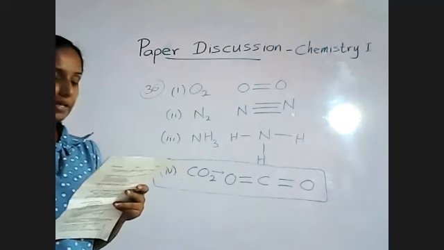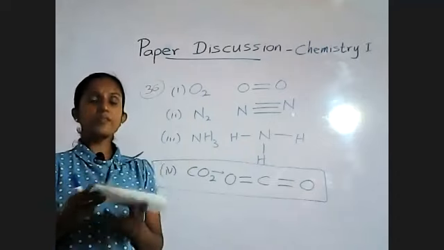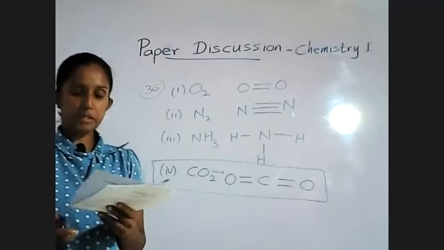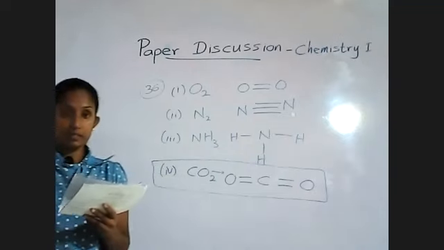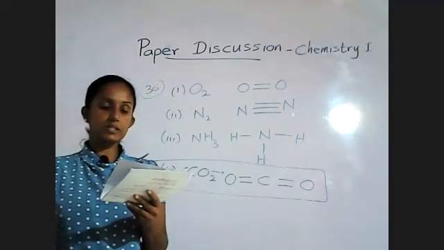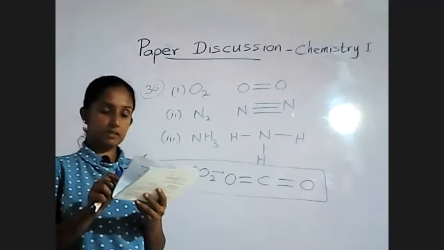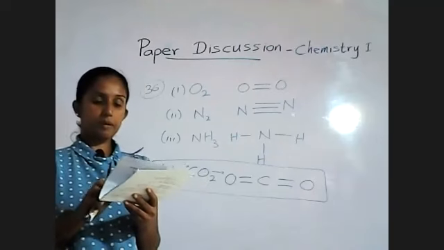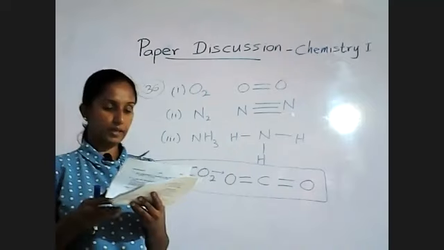Located in the same period in the periodic table. How do we find the period number? According to the number of energy levels. Here in both X and Y, there are 3 energy levels. Same number of energy levels, so they are in the same period. Then the first one is okay.